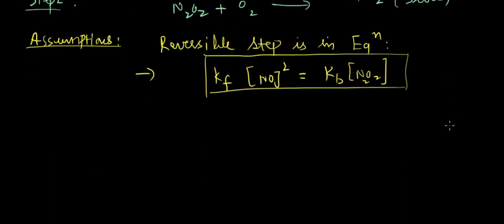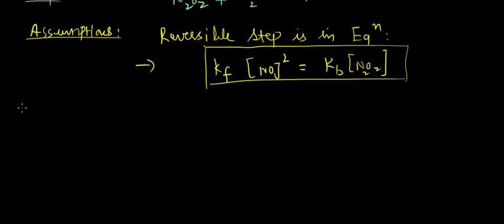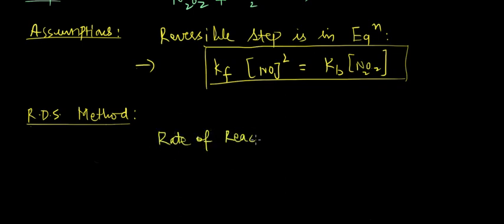So let's apply the RDS method on it. According to the RDS method, the rate of reaction is equal to the rate of the RDS step, or rate determining step.